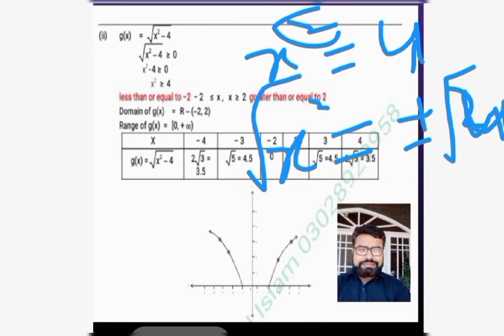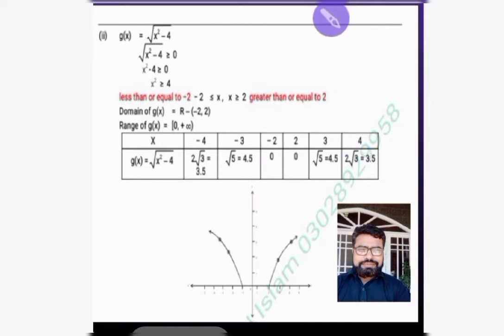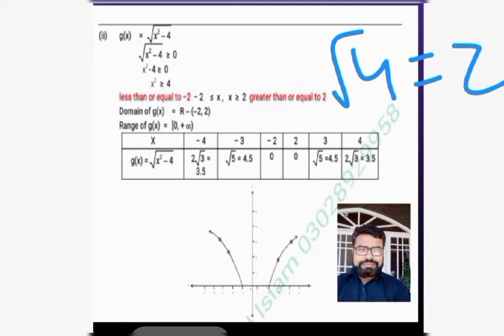As the power of x is 2, that's why we use positive and negative sign with the square root. But people will tell you that after removing square root sign there will be positive and negative. It's totally wrong. Square root is always positive. Square root of 4 will be 2. It's positive.